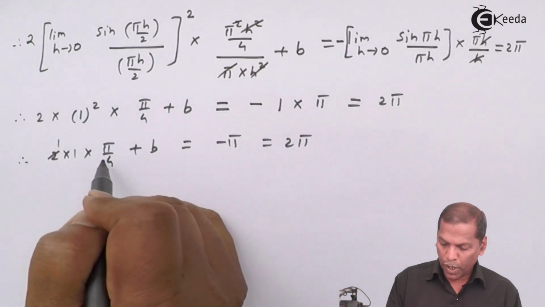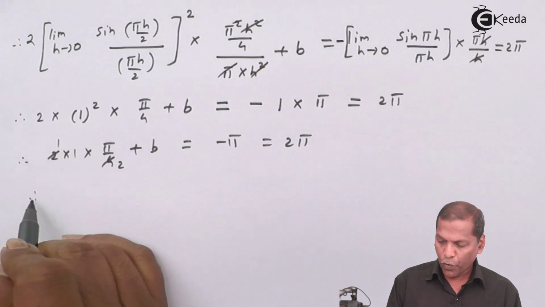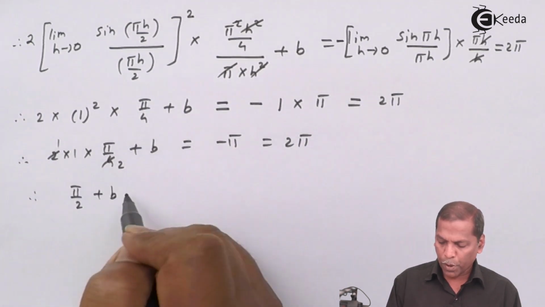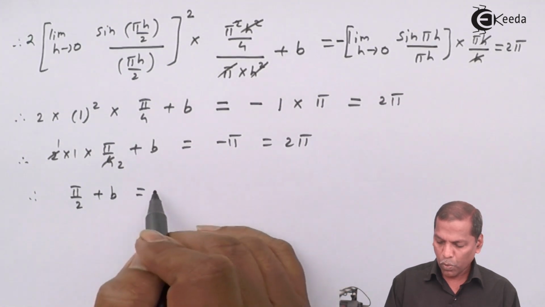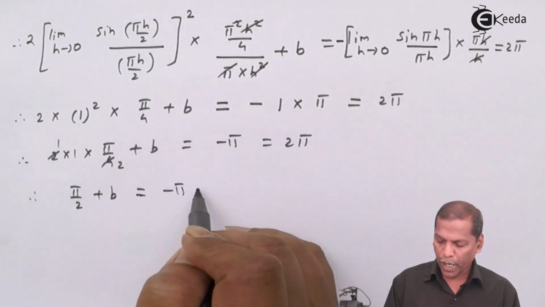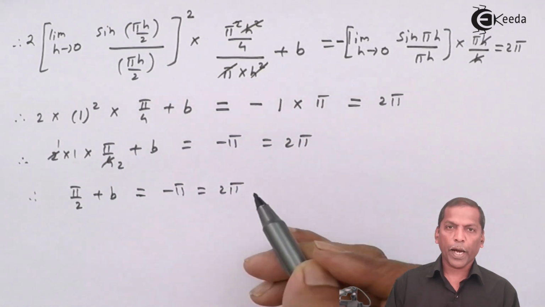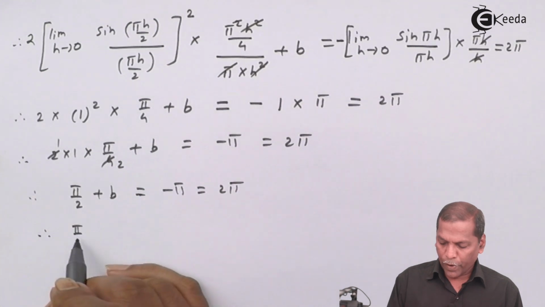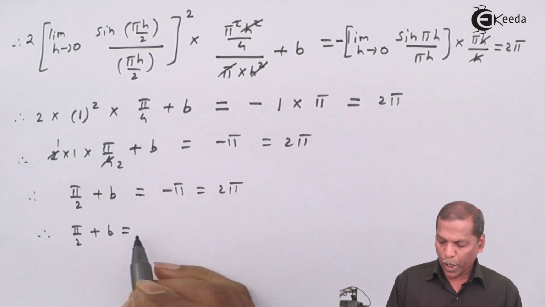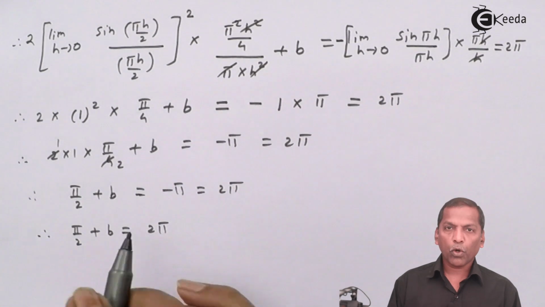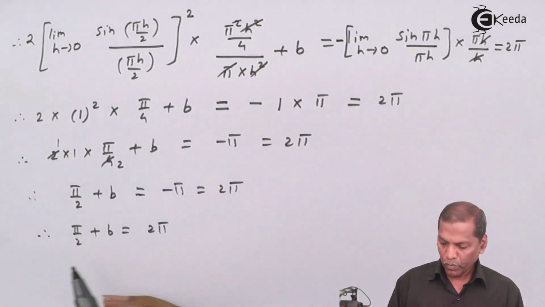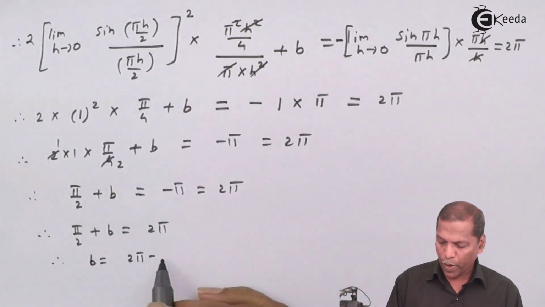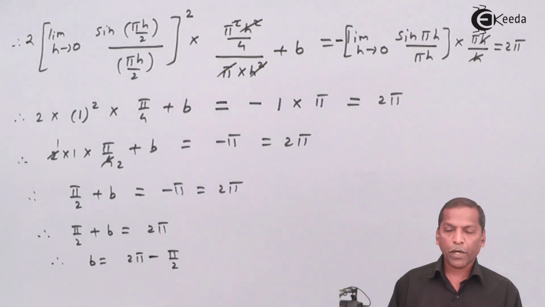So now here 2 ones are 2 and 2 twos are 4. So therefore pi upon 2 plus b is equal to, we write minus pi, and that equals 2 pi. So on simplifying further, pi by 2 plus b is equal to 2 pi, and therefore b is equal to 2 pi minus pi by 2.